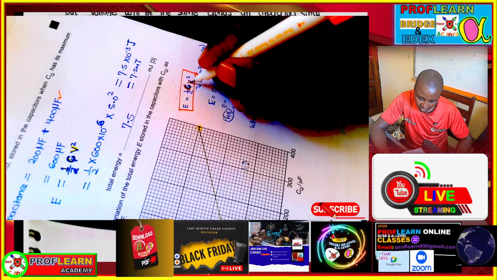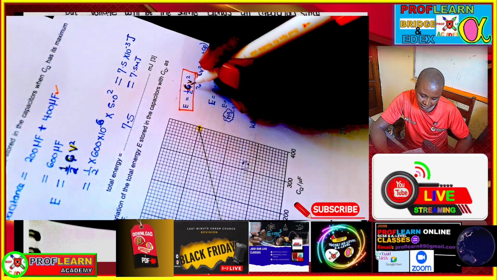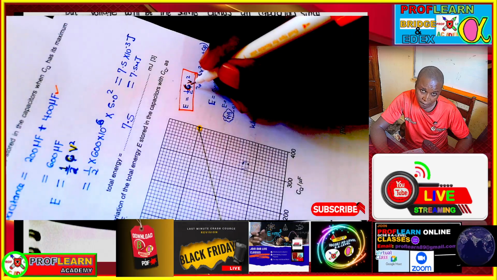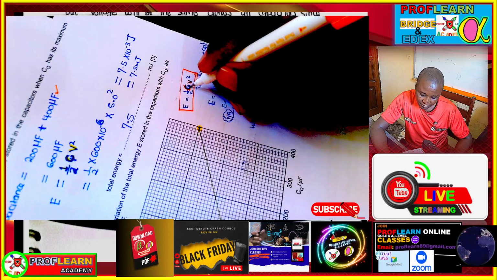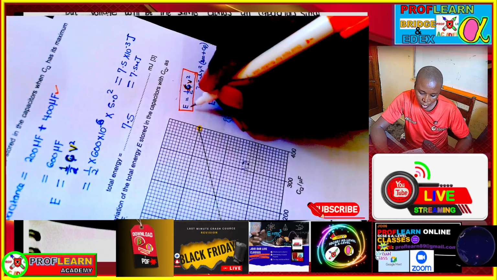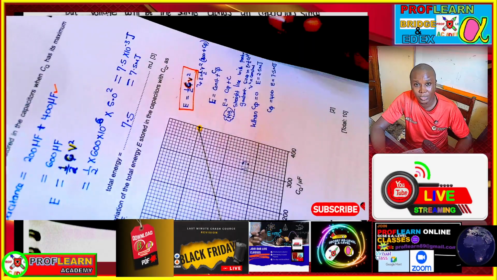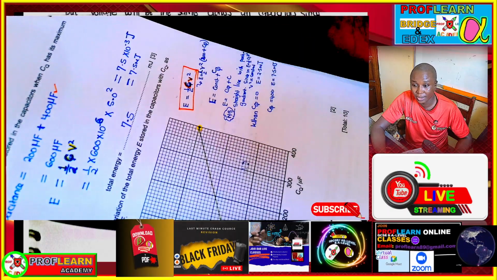From here, we can see what's being varied is the capacitance. Capacitance is directly proportional to the energy, because V squared is a constant. Voltage is a constant.